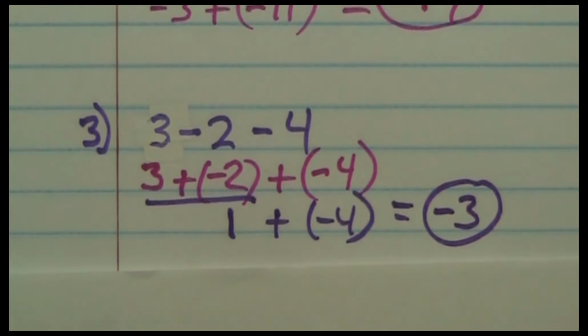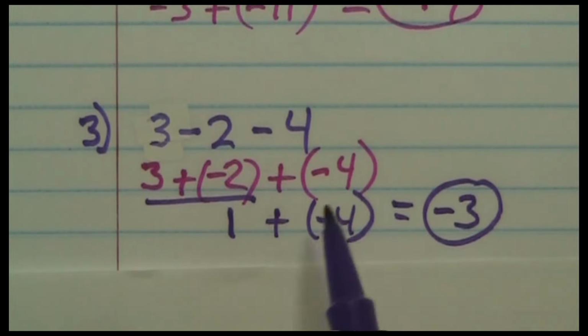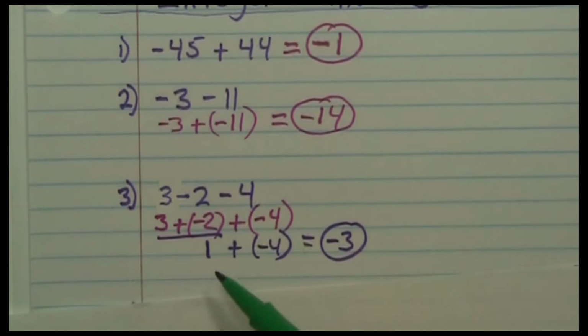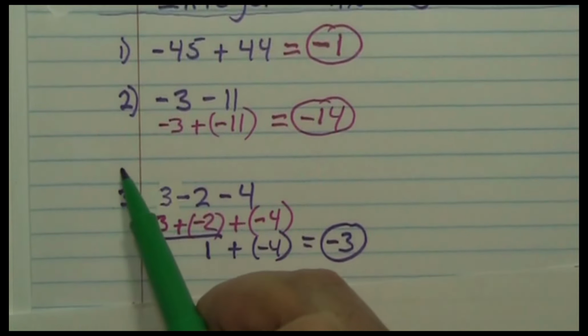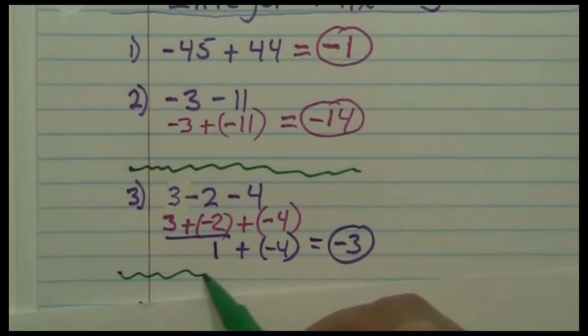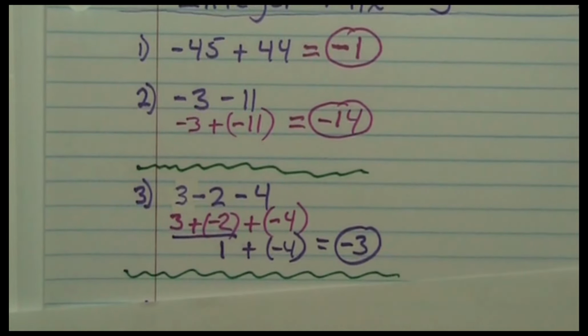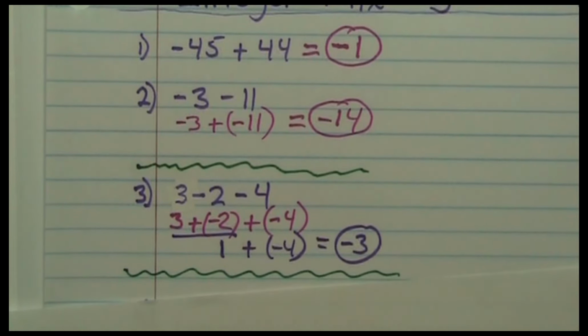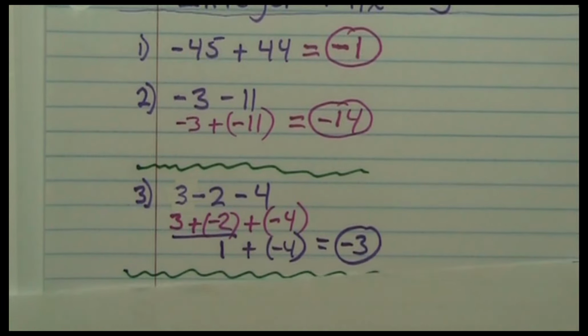The answer is negative 3. Right? There's 3 more negatives than the positive one. By the way, if your writing is very large and messy, you can always just put a little squiggly line or put a line separating them. Keeps it more organized. Easier for me to tell.